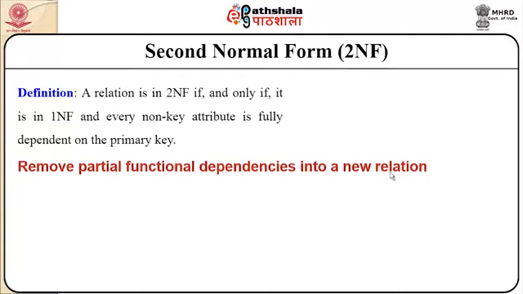So, if and only if it is in first normal form and every non-key attribute is fully functionally dependent on the primary key. As we have already indicated in the previous session, there has to be a relation which should be fully dependent on the primary key. So, I may have to remove partially functionally dependent attributes into a new relation.